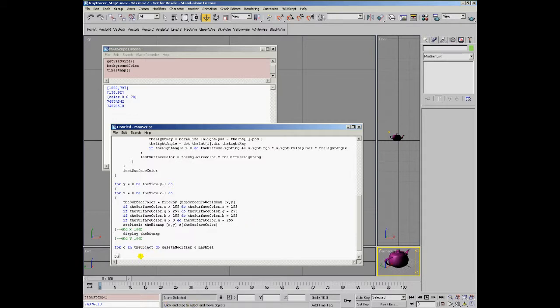We use the push prompt method. It expects a string. We'll build a string, ray script, and we'll add to this string the timestamp at the end of the rendering minus the timestamp at the beginning of the rendering, the whole result divided by 1000 in order to convert to seconds, since there are 1000 milliseconds in 1 second.